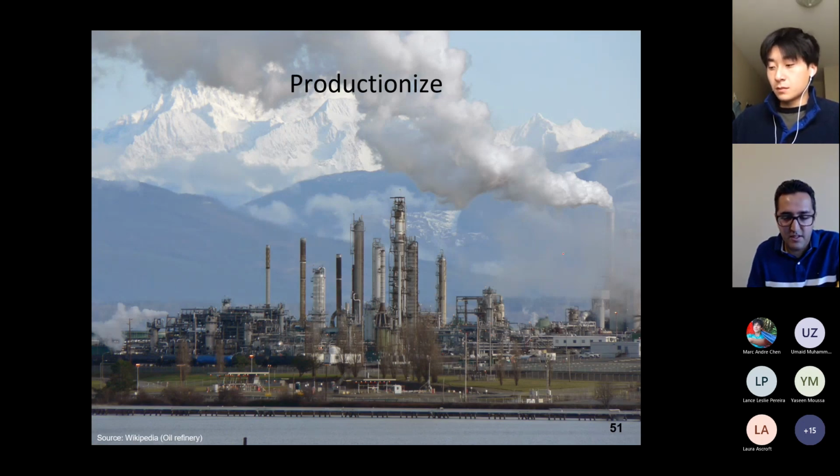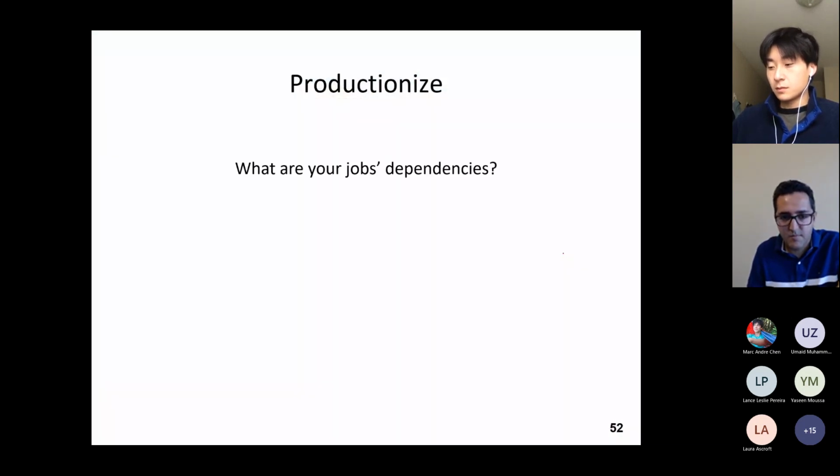And finally, moving something to production is a very different story, right? What are your job dependencies, right? Because when you want to deploy something on production servers, we need to know about all of these things, right? How and when do you want to schedule your job?